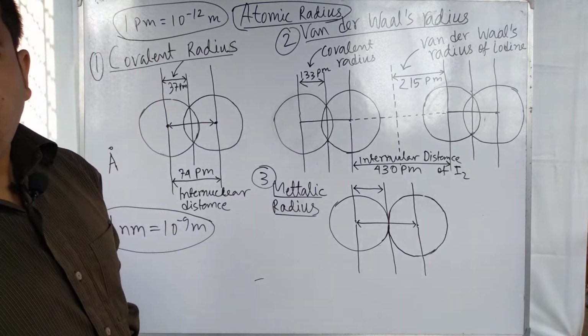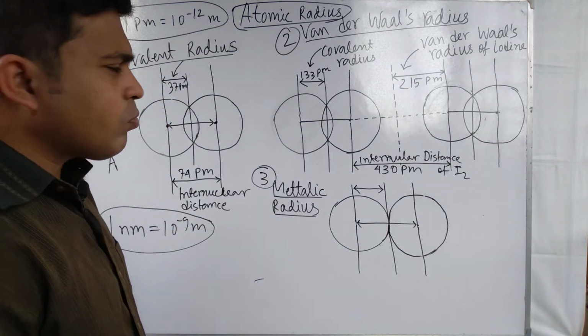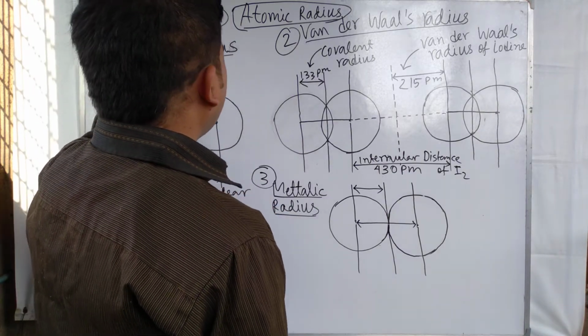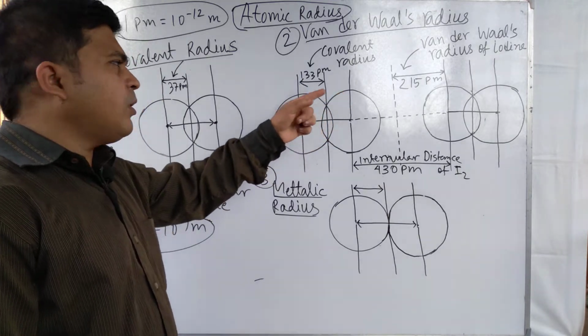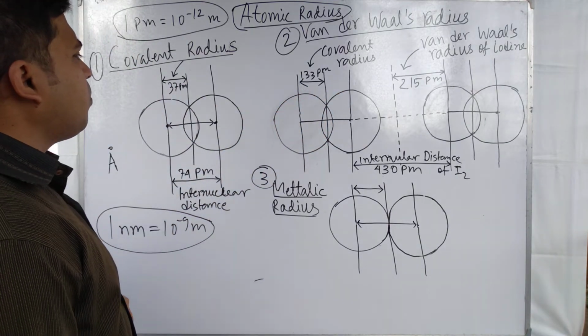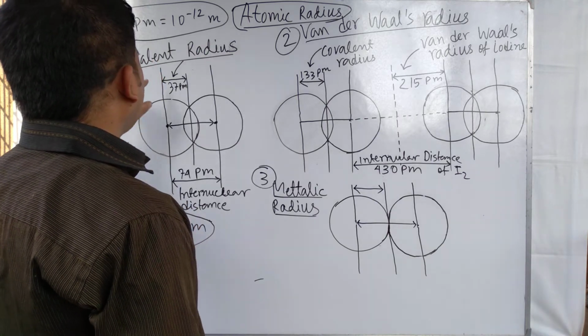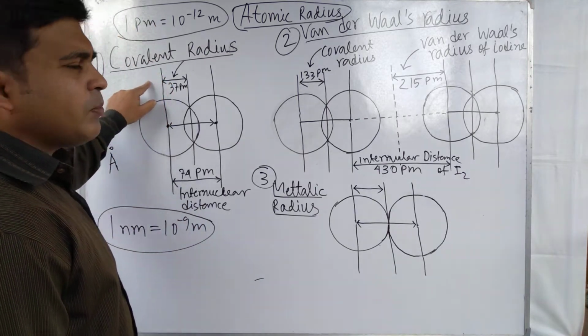These are the three types of atomic radius measurement. At first we discuss covalent radius measurement.